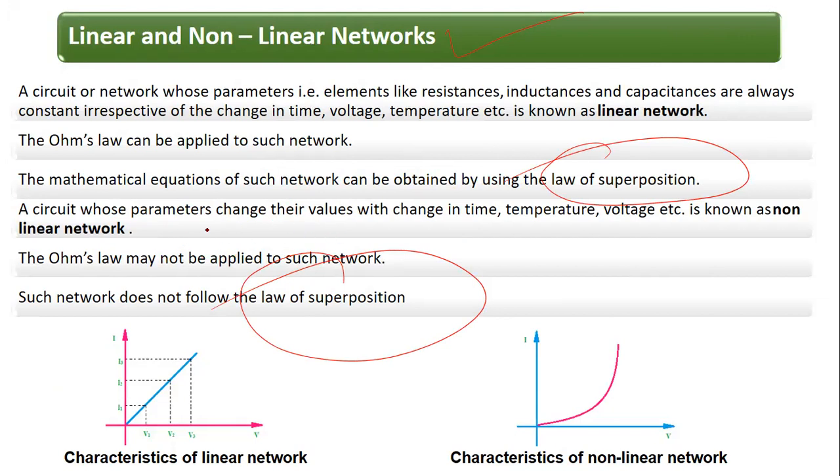And if any system wherein there is no linear relationship between the voltage and current or any other parameters, such a network is under the category of non linear networks.